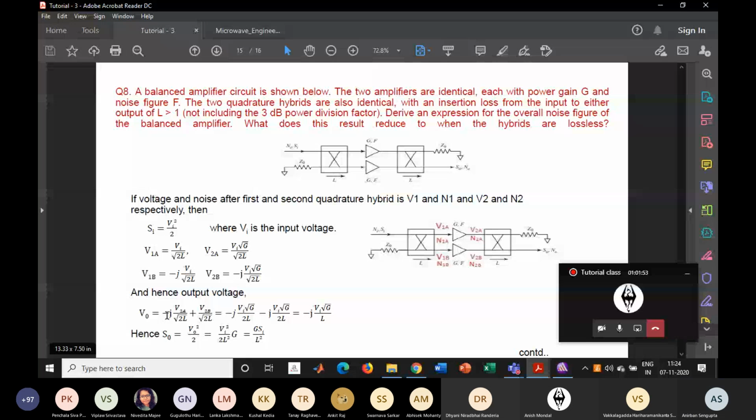Putting these values of V2A and V2B, you can find minus j Vi root G by 2L minus j Vi root G by 2L, the same part, which is equal to minus j Vi root G by L. The magnitude of the power is this square by 2, that is Vi square G by 2L square, compared to Vi square by 2, the input power Si. So S naught will be G Si by L square.